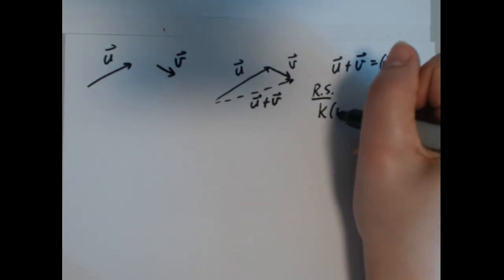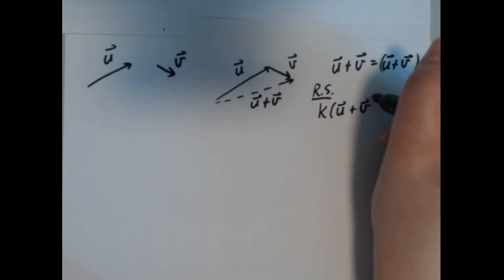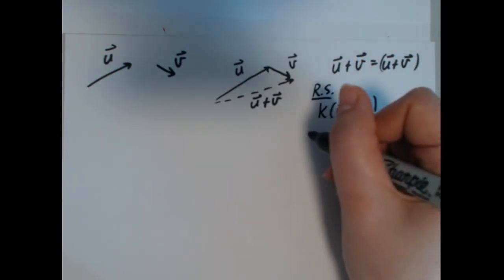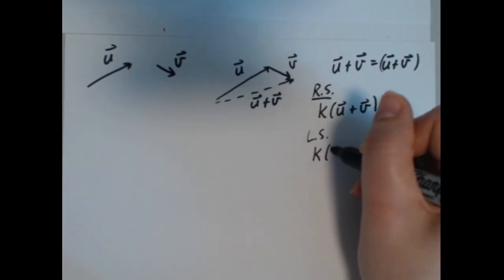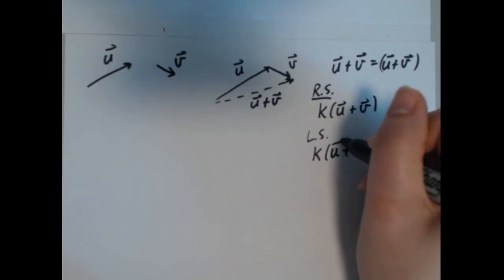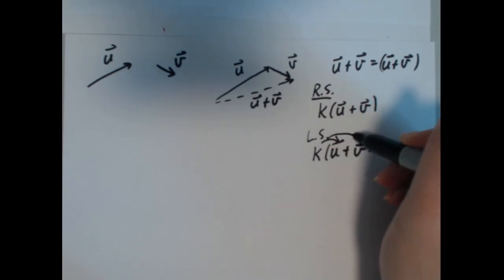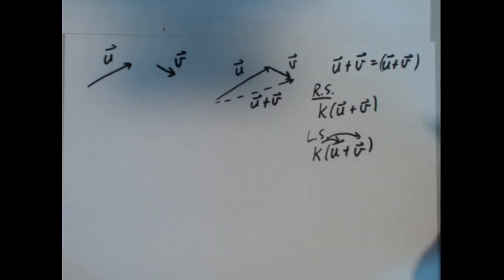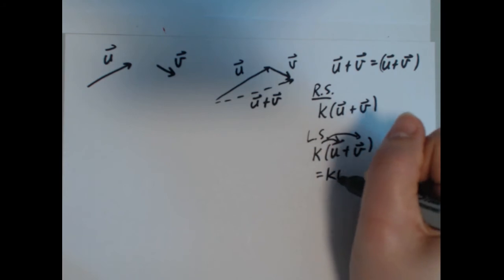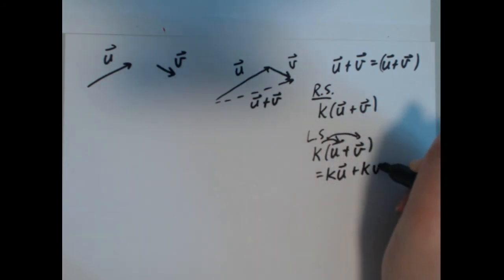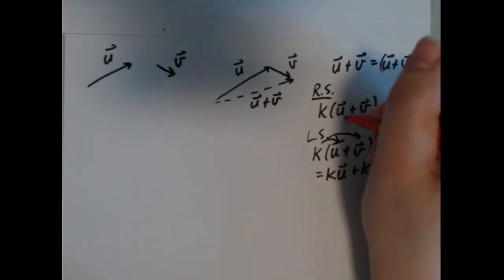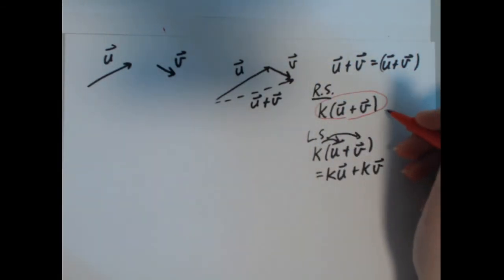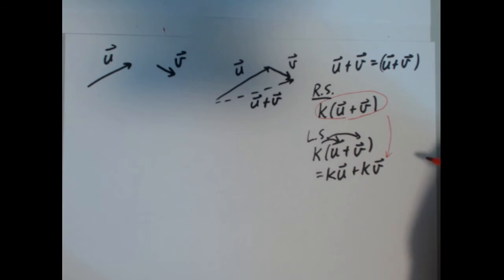I would get k(u plus v). Okay, and on the left side, well, I would hope that I would get k(u plus v), right? Which then I would anticipate to be able to distribute the k into the u and the v, resulting in ku plus kv. So the idea here being that k(u plus v) is equal to ku plus kv.